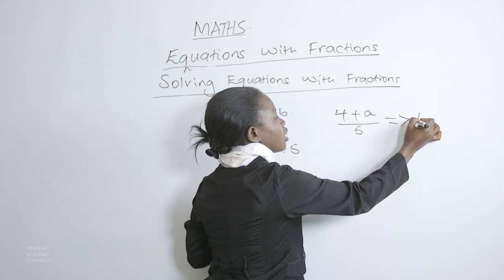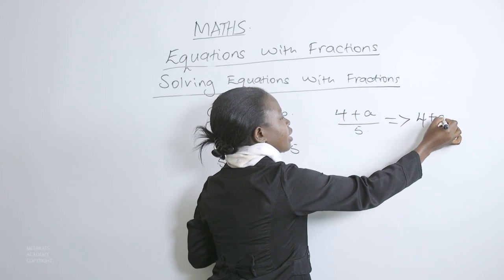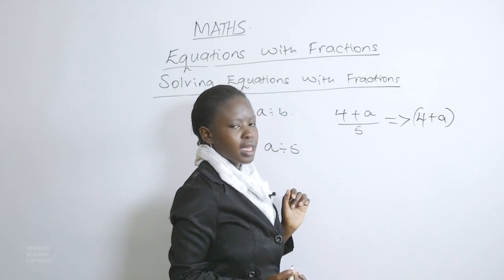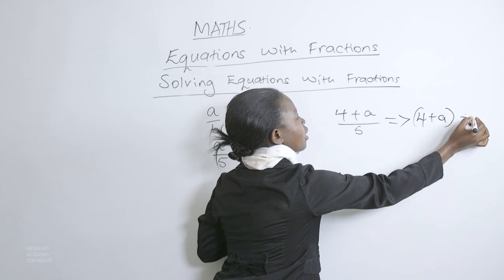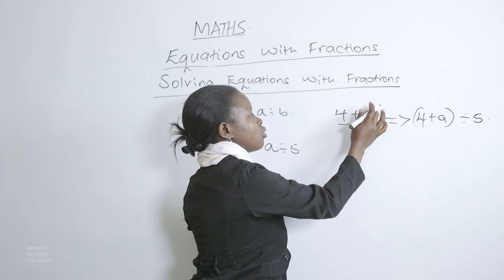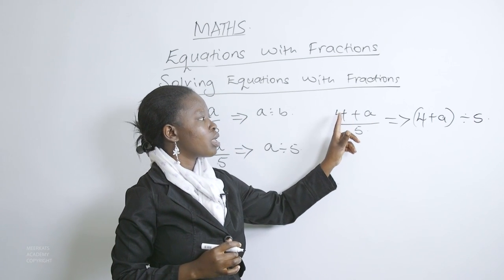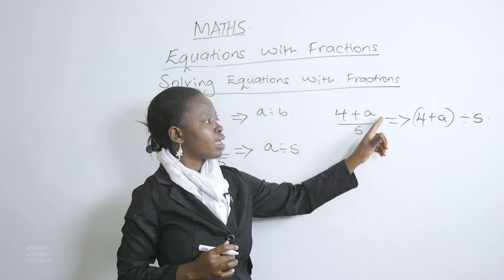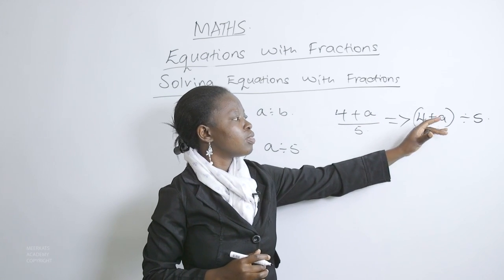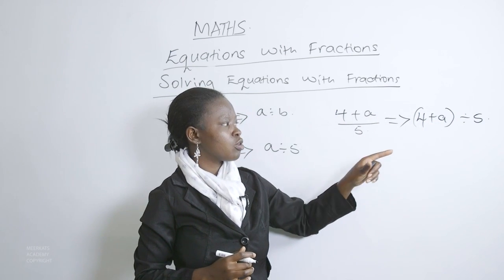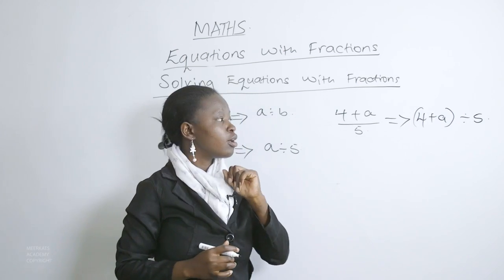So it means that we have 4 plus a, that is in brackets, divided by 5. So when we have two numbers in such a manner, we have 4 plus a first, then the result of that addition is what is divided by 5.